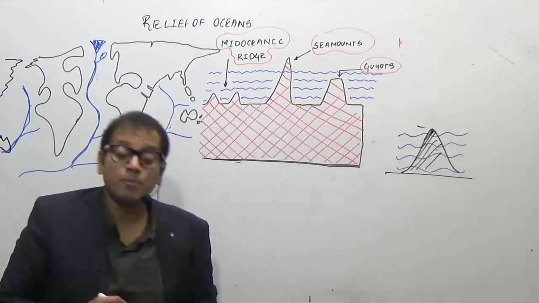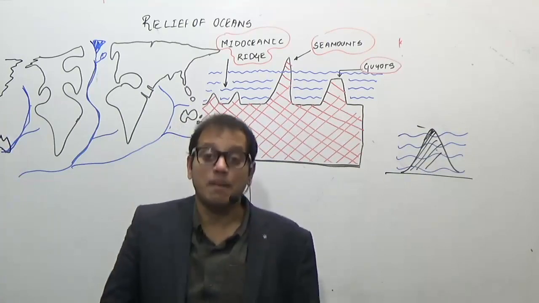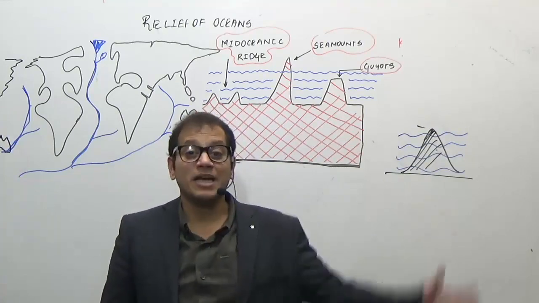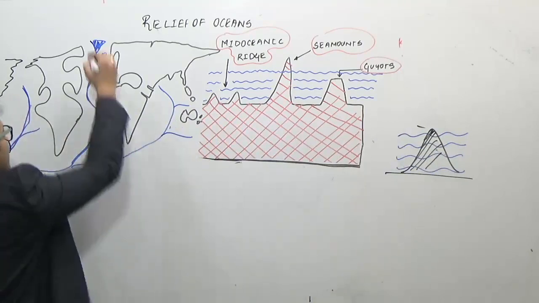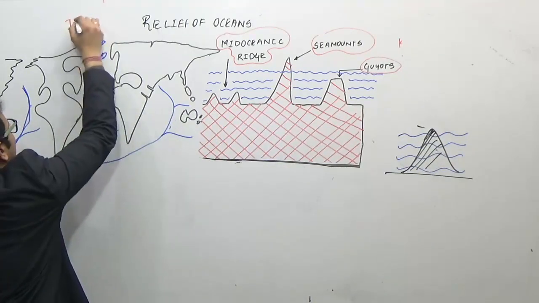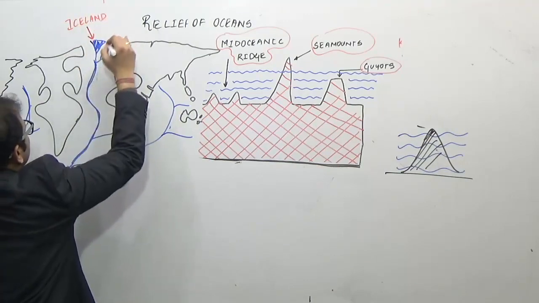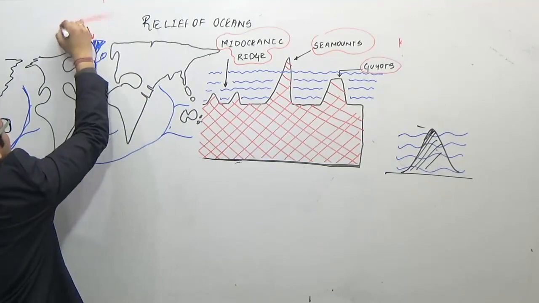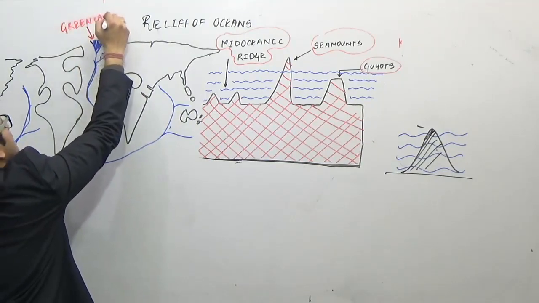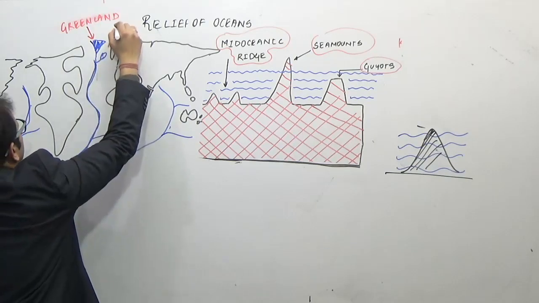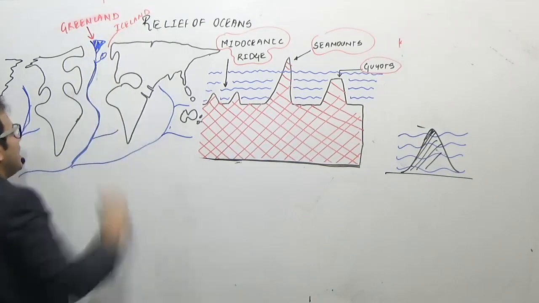So they rise up from the ocean floor and are seen on the surface of the earth. The best example of such an extension of a mid-oceanic ridge on the surface of the earth is the Iceland region, and also the Greenland region.